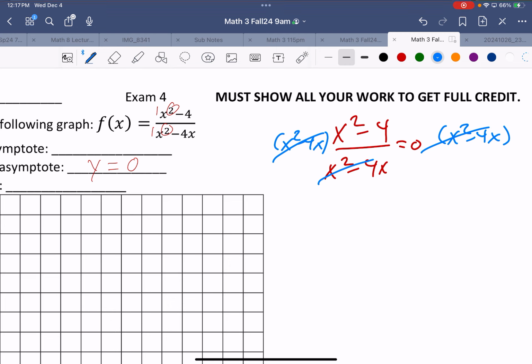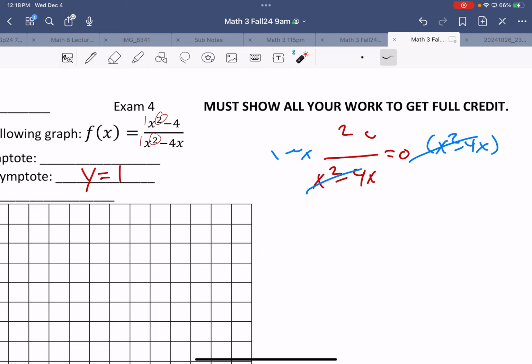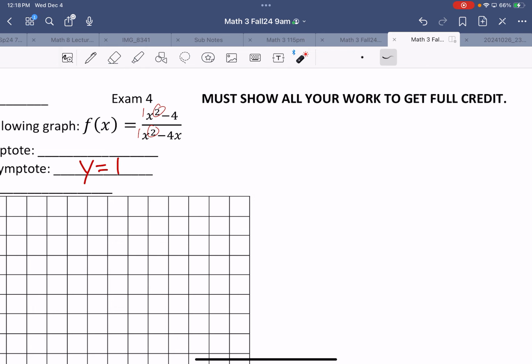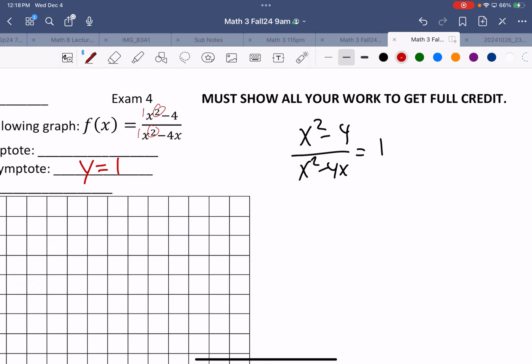Oh, I made a mistake. That's what I get for rushing it. My horizontal asymptote is not 0. It is 1. Sorry for rushing it. Since they're the same, 1 and 1, that means I would set this equal to 1, not 0. So when I multiply x squared minus 4x on the right, on the left it simplifies.